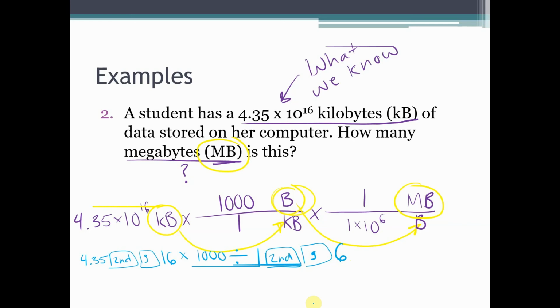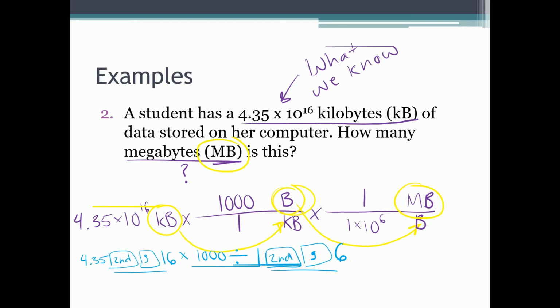Right, 4.35 times 10 to the 6th times 1,000 divided by 1 times 10 to the 6th. If you type it in this way with the second comma notation, you don't need to worry about parentheses because your calculator will know exactly what you're trying to tell it.